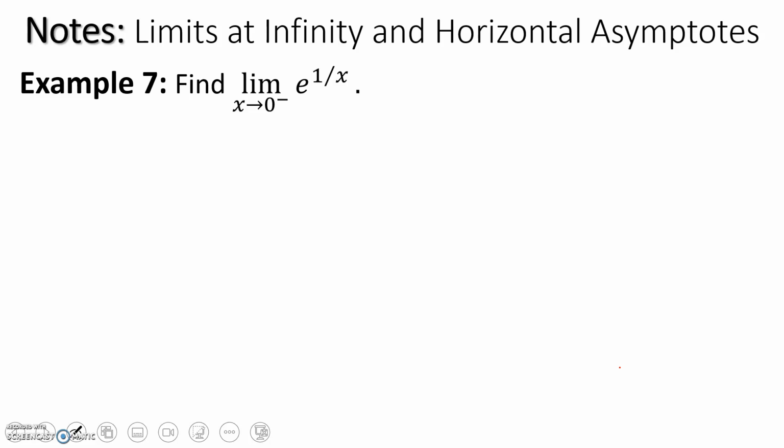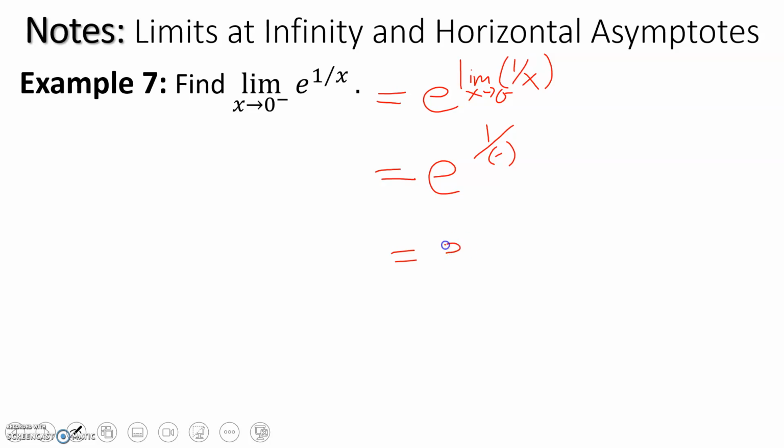All right, last one. Find the limit of e to the 1 over x as x approaches 0 from the left. Okay, so mathematically, this gets treated as e to the limit of 1 over x as x approaches 0 from the left, which then gets treated as e to the 1 over really small negative, but 1 divided by a small negative is a really big negative.